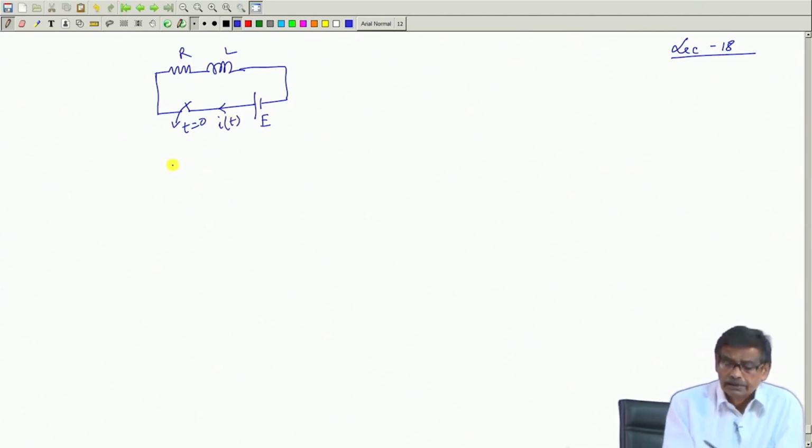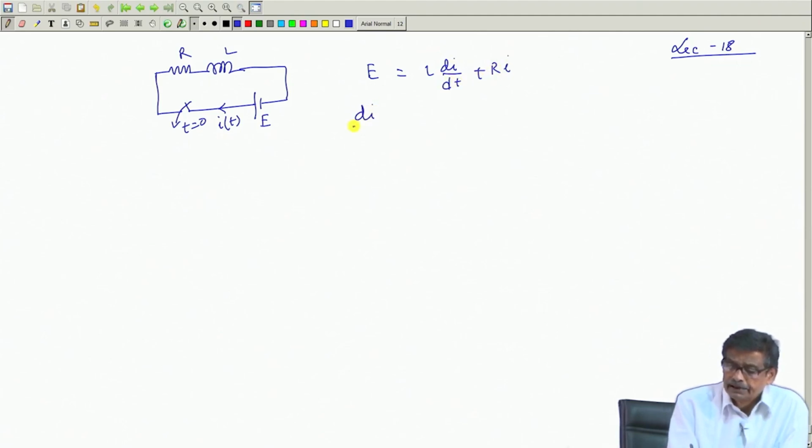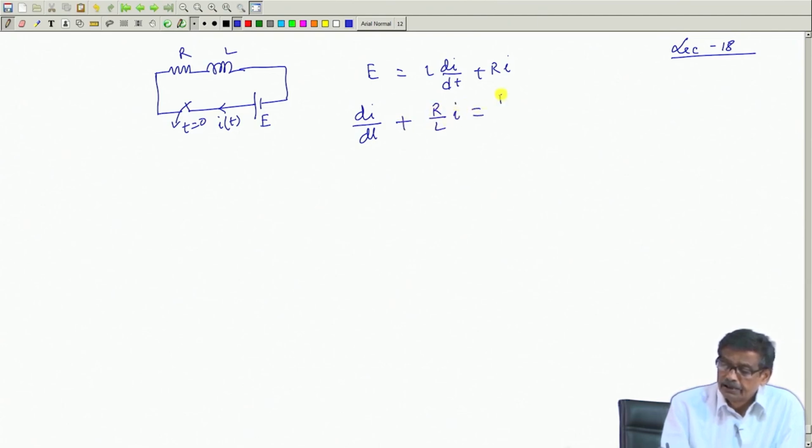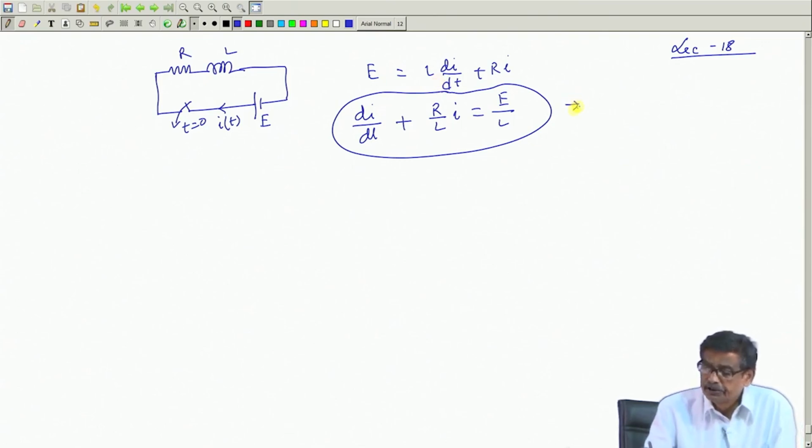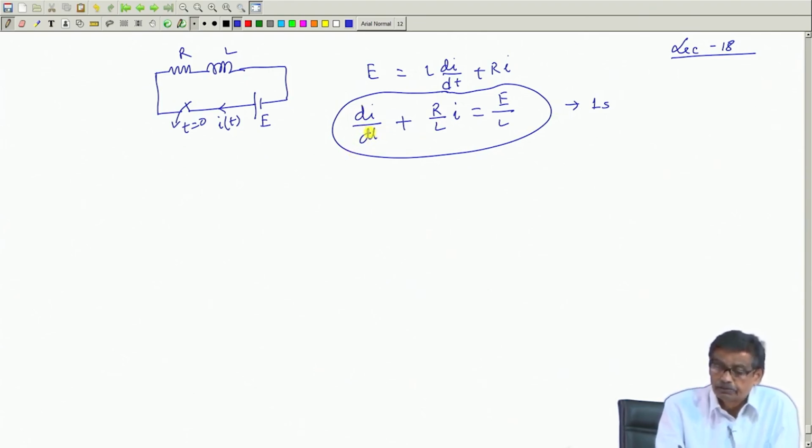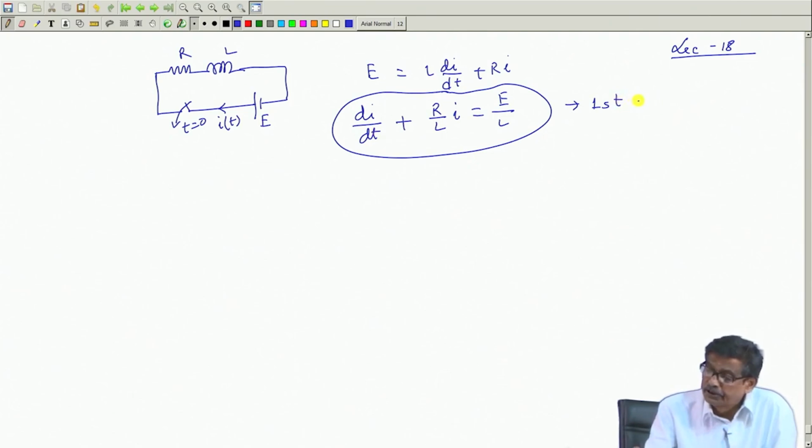I wrote down the KVL equation, which was E equal to L di/dt plus R i, and I divided both sides by L to get di/dt plus R by L into i is equal to E by L. So, it was a first order differential equation, first order because only d/dt is present, no d2/dt2 is present.